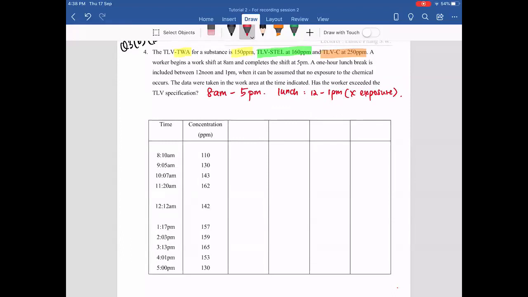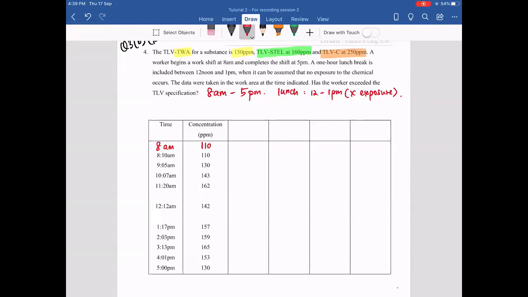To start you off, you see the first timestamp is at 8:10 a.m. Since we don't have any data before that, we will start at 8 a.m., assuming the concentration did not change. However, if you are given data at 7:30, you would interpolate the data to get the estimated value at 8 a.m. So you may want to fill up this table and see what you get.